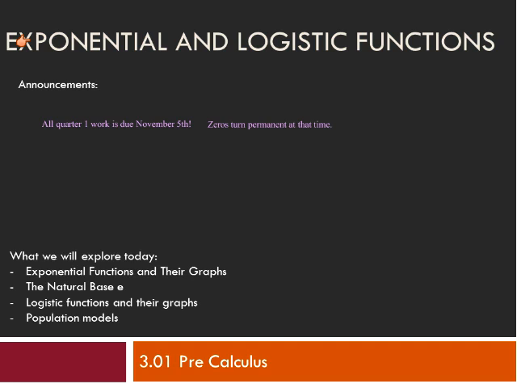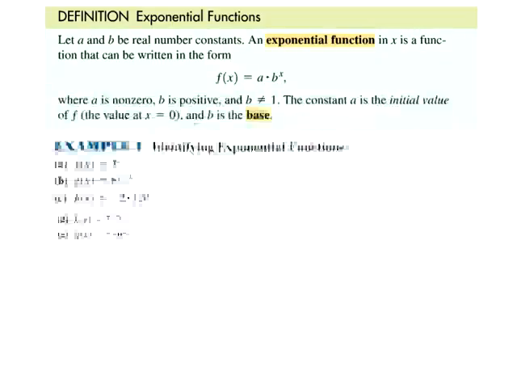Exponential, we're going to start with actually talking about what is an exponential function. So as a recap here, an exponential function takes on the form of y equals some constant, and usually you multiply that by some number to a variable.